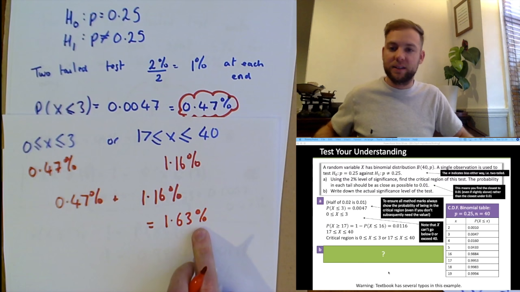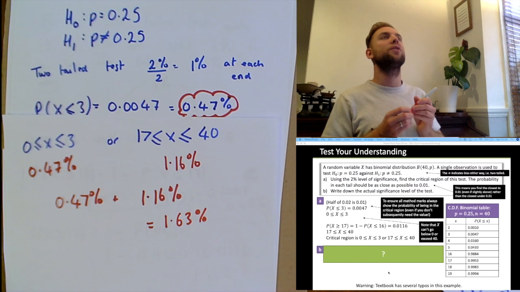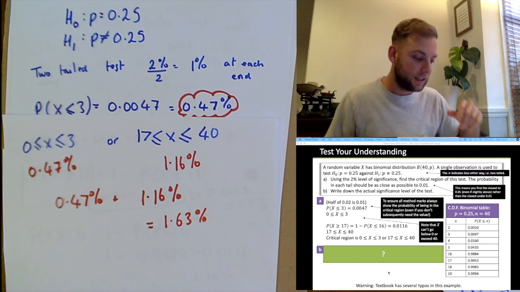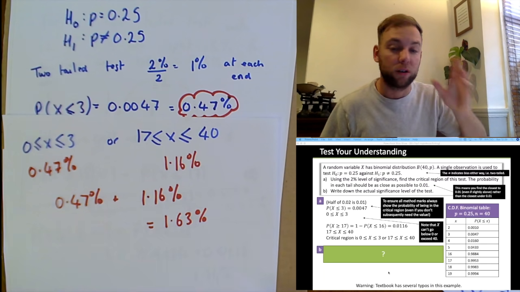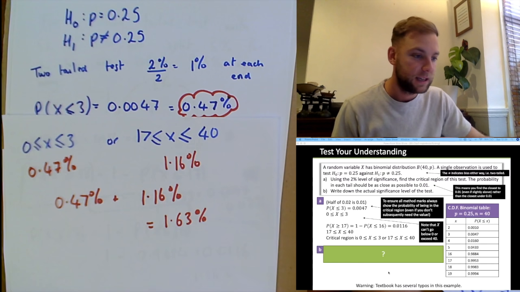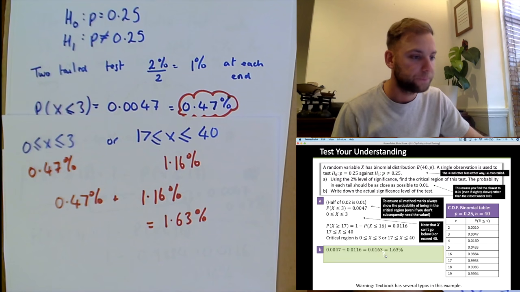And the reason it's 1.63 is because you can only get those values on this side. So this is going to be below our stated significance level, which is 2%, but this is the actual significance level it's going to be. So that's that question done there.